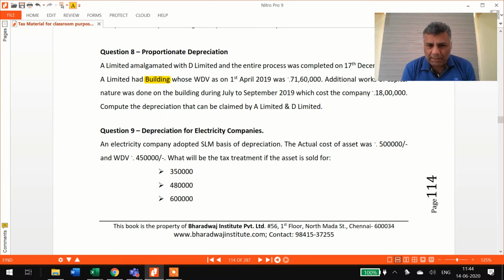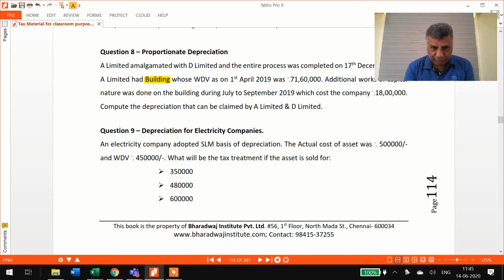What will be the treatment if the asset is sold for 480? 30,000 will become balancing charge. What will be the treatment if the asset is sold for 6 lakhs? 1 lakh is capital gains, and 50,000 is the balancing charge.